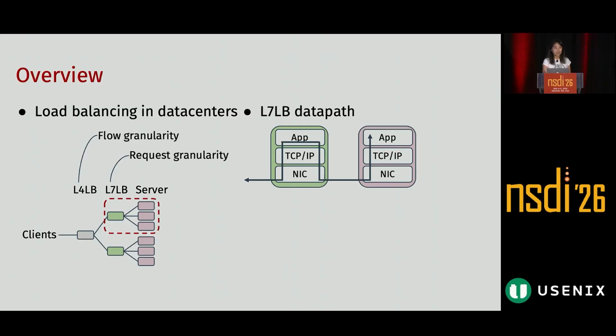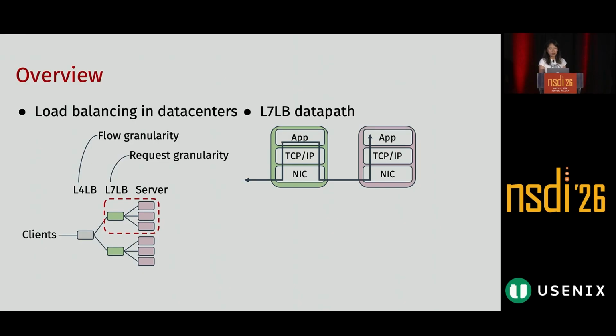This is because it acts as a proxy that terminates client connections first, and then it has to do some TLS decryption and also parse the HTTP request, look at what the real payload in the packet is, and then select a backend server based on load or the content itself.